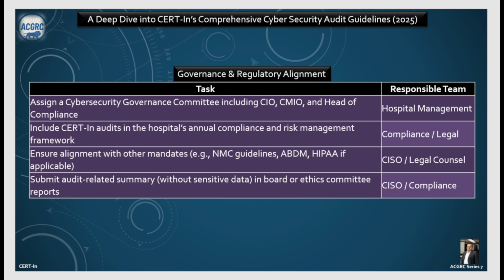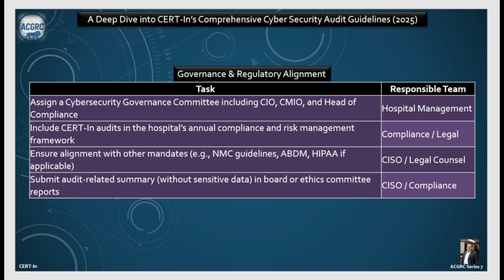Step 2 is to include CERT-In audits in the hospital's annual compliance and risk management framework. Responsible team would be from compliance and legal. Step 3 is to ensure alignment with other mandates, whether it is the NMC guidelines or HIPAA as applicable.